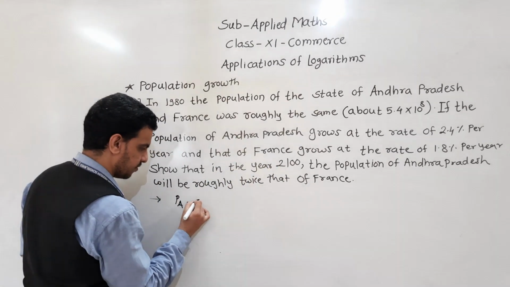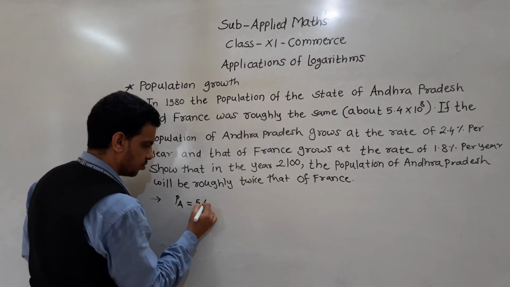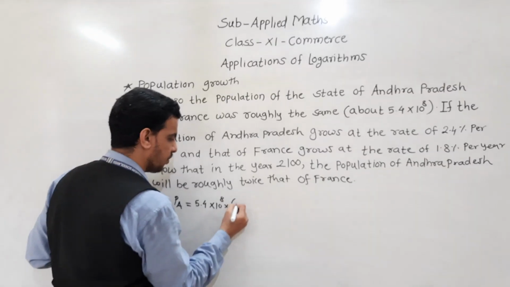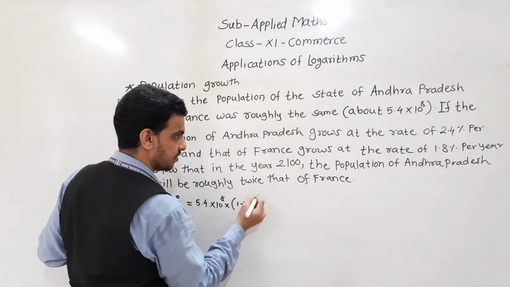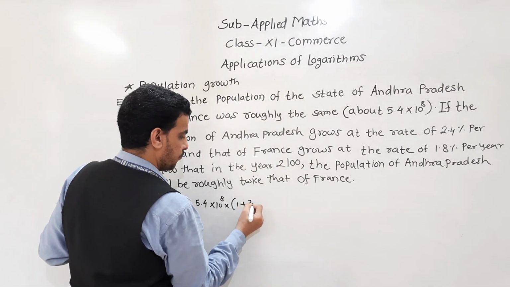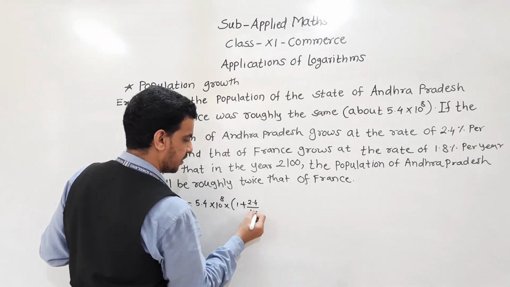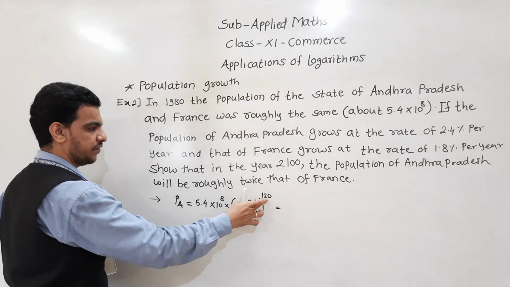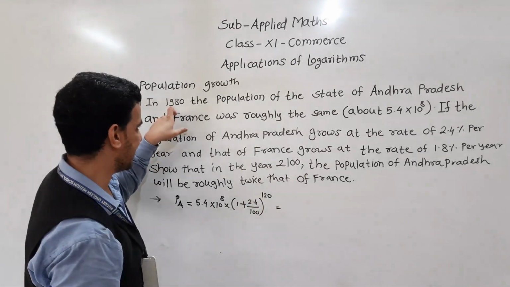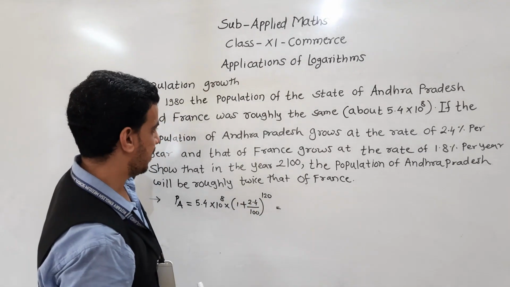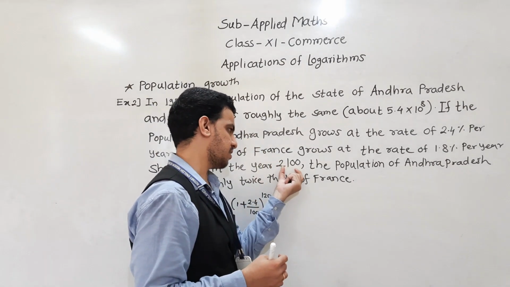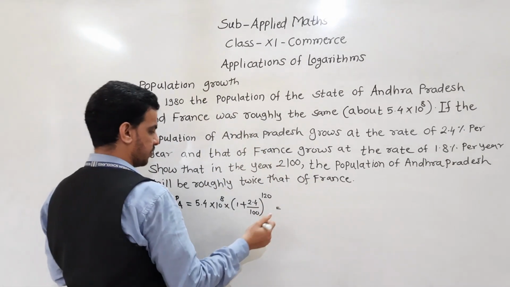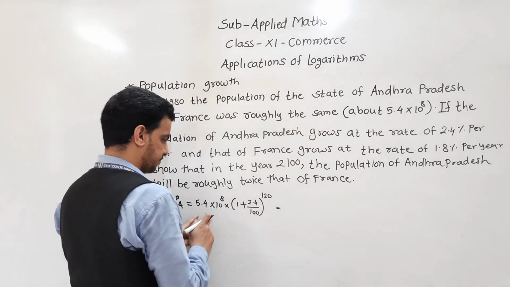It is P0, so 5.4 into 10 raised to 8 into (1 plus 2.4 upon 100) raised to 120. Why do we take 120? Because it is given in 1980 and 2100 is after 120 years, so the difference between these two is 120. So n is 120.